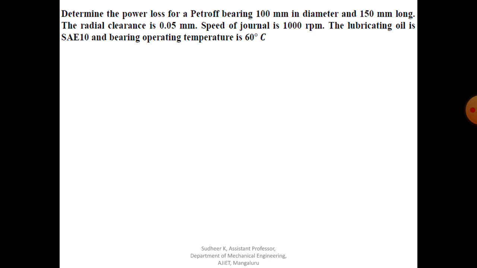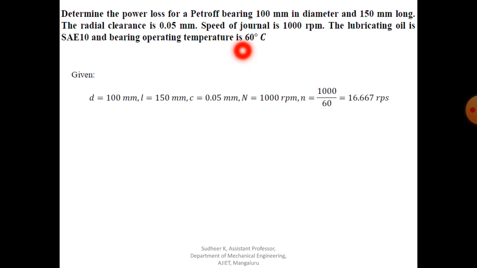So here, what are the given parameters? The diameter is 100 millimeter. This is a journal bearing, so the 100 millimeter diameter is the diameter of the journal, which is denoted by small d, because we are not using any separate diameter for the bearing.